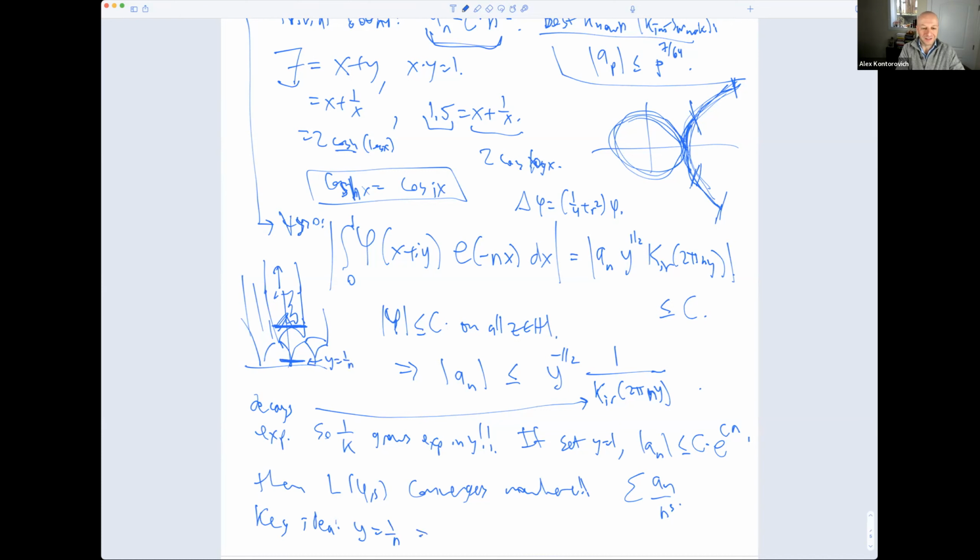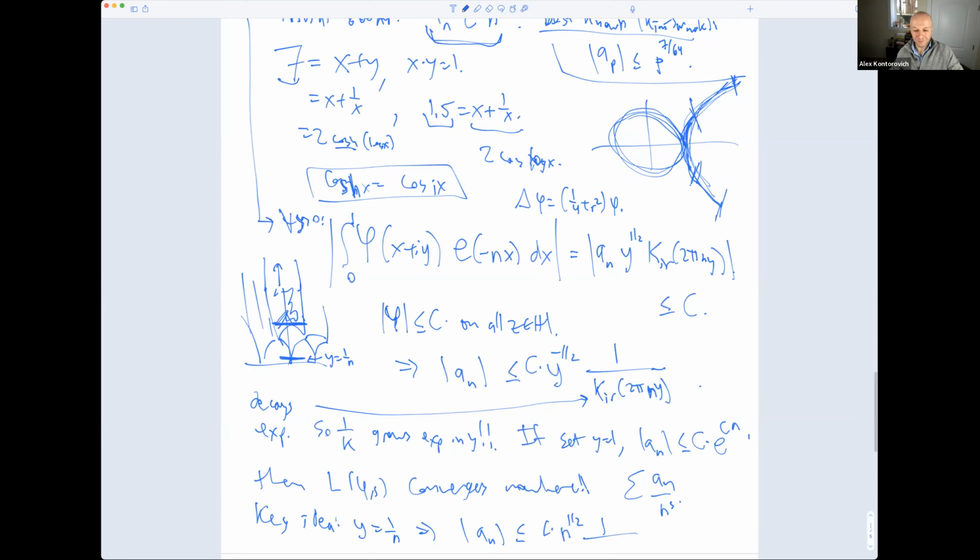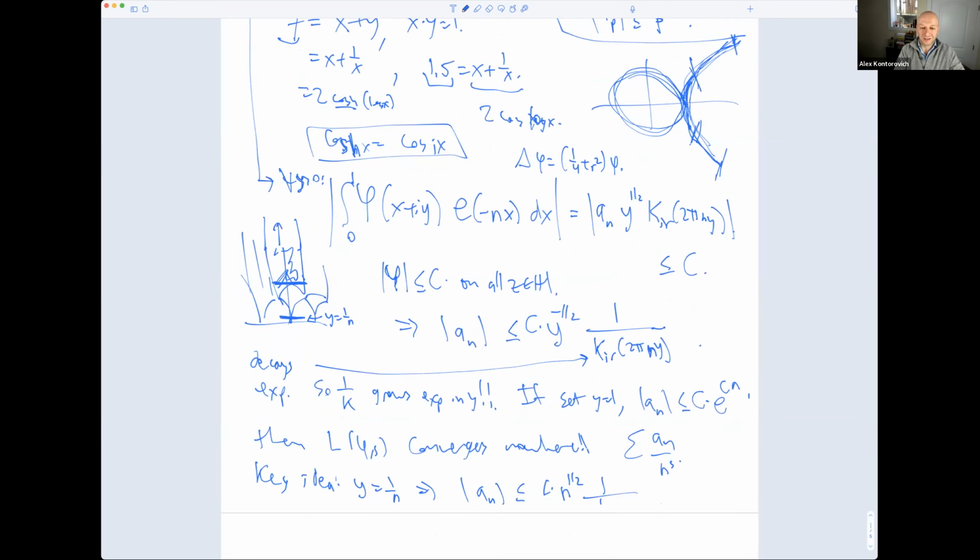And then what I get is that a_n is bounded by a constant; y is equal to 1 over n, I have y to the minus a half, that's n to the 1/2. And now I'm dividing by K_{ir}(2 pi), which is also a constant. The constant depends on phi.